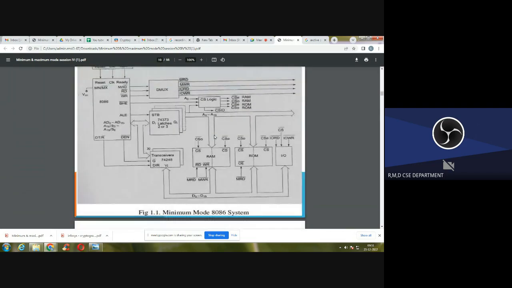Now we discuss the block diagram of the minimum mode 8086.